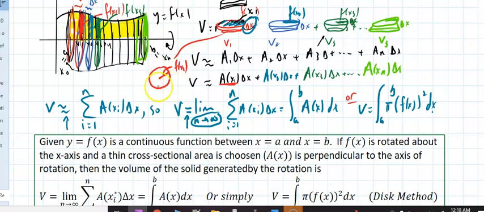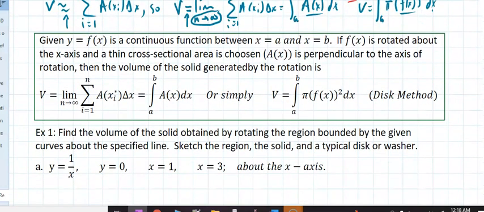So the area of that is pi times f of x sub 1 squared. When I look at this piece, and I look at that circle, isn't that radius f of x sub 2? So two ways of doing this. Either you say, you know what, it's pi f of x squared, or you simply say the area of that disk.